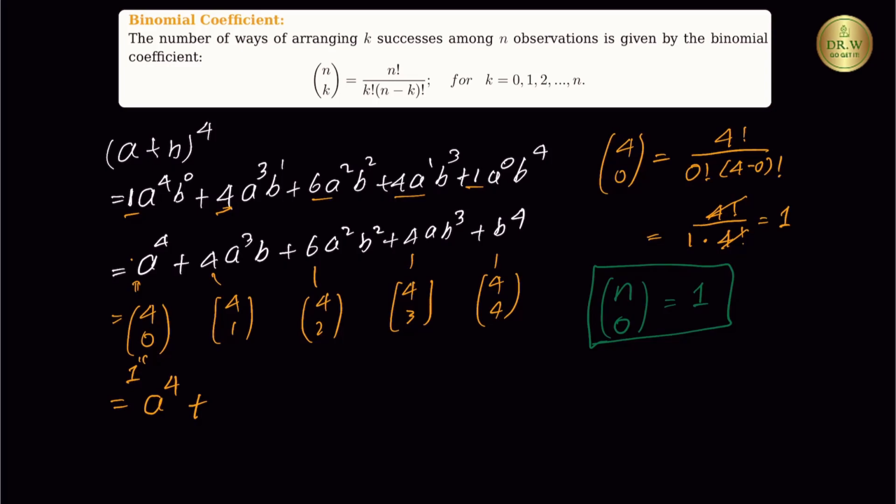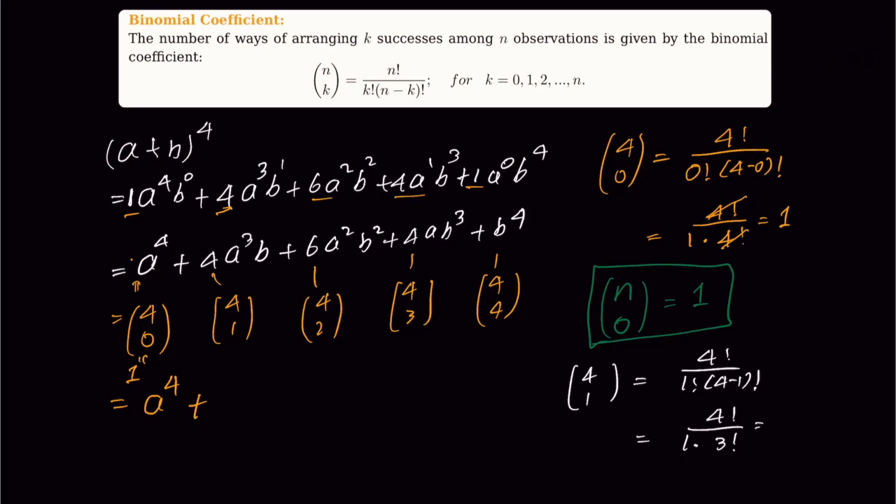How do we simplify 4 choose 1? We can go: 4 choose 1 equals factorial 4 over factorial 1, then factorial of 4 minus 1. So here factorial 4, factorial 1 is 1, 4 minus 1 is 3, therefore factorial 3.